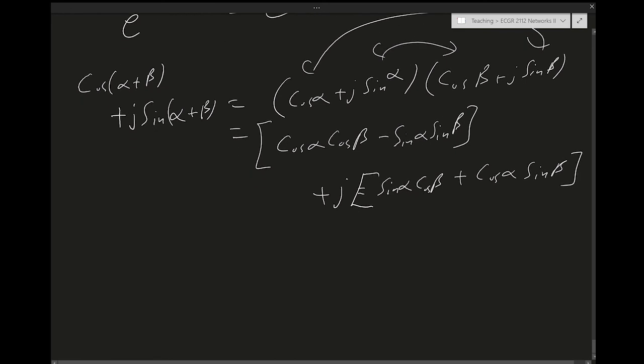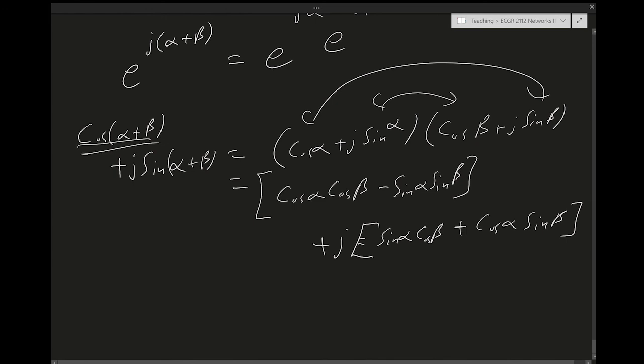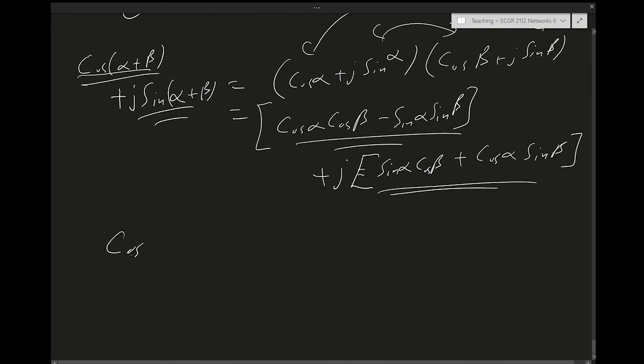And all I have to do is equate the real part with the real part and the imaginary part with the imaginary part. I end up with cosine alpha plus beta equals my formula.